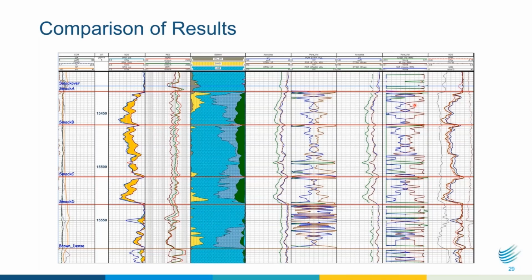But what's interesting to me about this is that the program calculates the volumes of stiff porosity, reference porosity, and crack porosity. And you can see here where I see lots of crack porosity, they see lots of crack porosity.